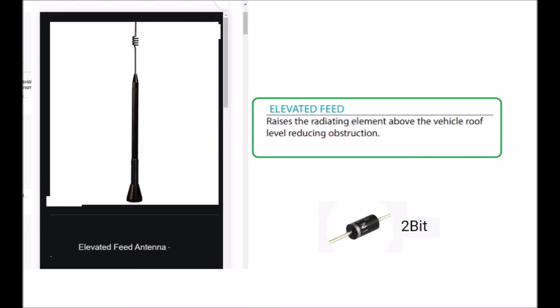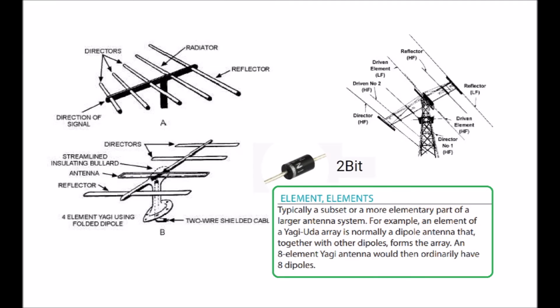Elevated feed: raises the radiating element above the vehicle roof level, reducing obstruction. Elements: typically a subset or a more elementary part of a larger antenna system.